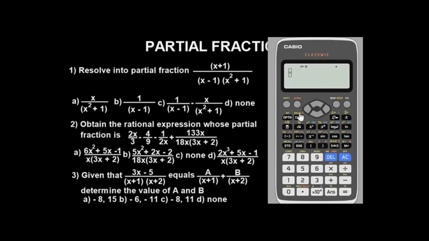So option A. Now, when our a is minus 8, our b will be 15. Very simple, guys. So let's check if it gives 1 over 12. When a is minus 8, we have a fraction, we have alpha x plus 1, close the bracket.